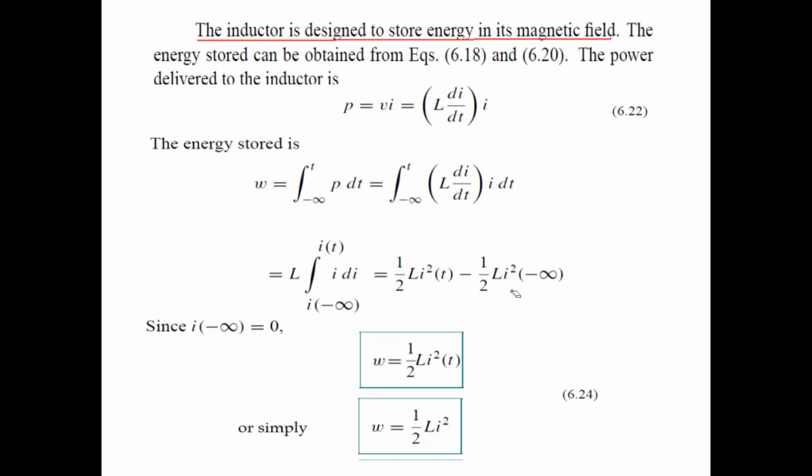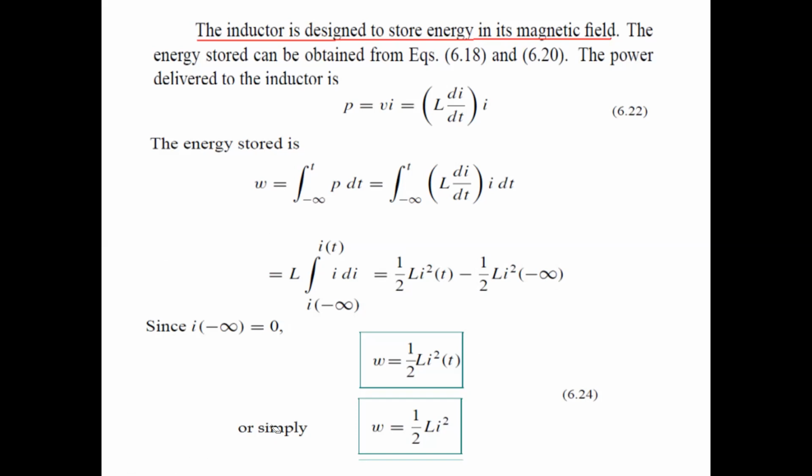And now, as we all know, current at minus infinity is always equal to 0, as the voltage at minus infinity was equal to 0, because current at minus infinity means the current in the inductor long before connecting to any active circuit, which will be equal to 0, because if there was some current in the inductor, it would have diffused over a long time.